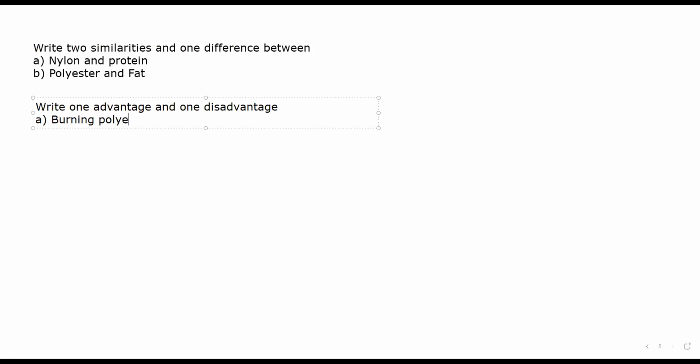If you burn polymer, what is the advantage, what is the disadvantage? Yeah, this is a homework.